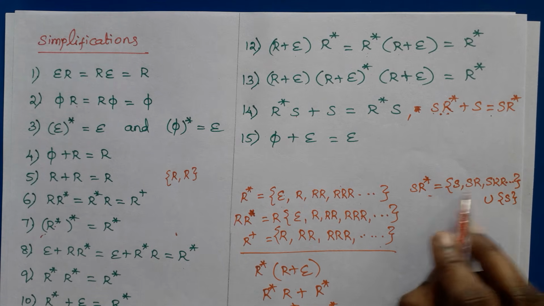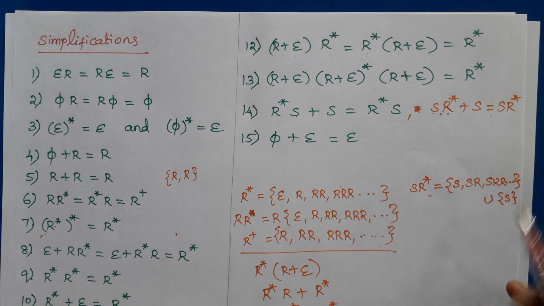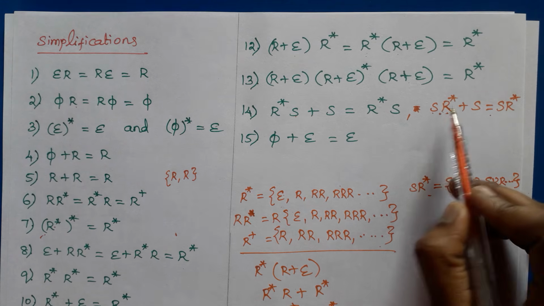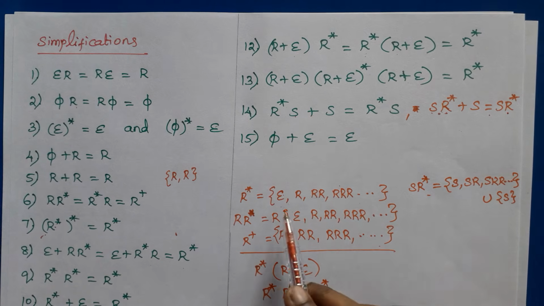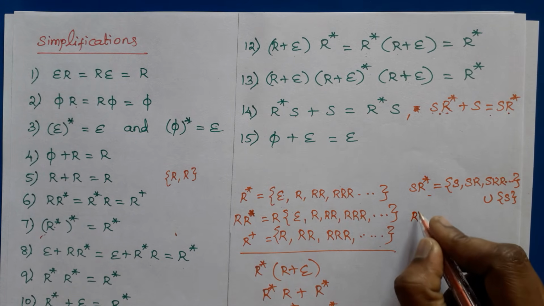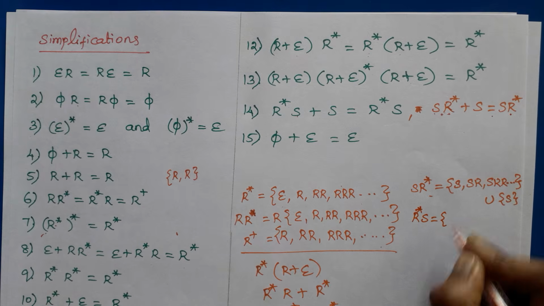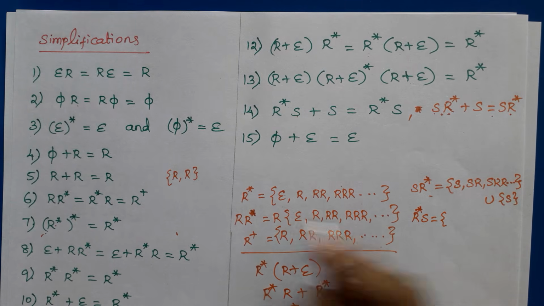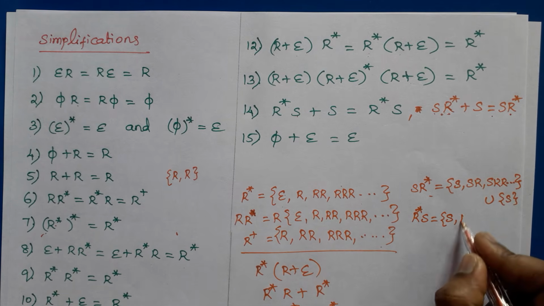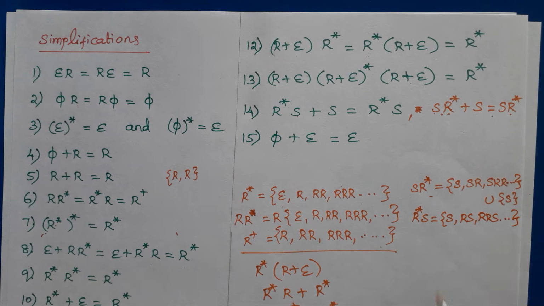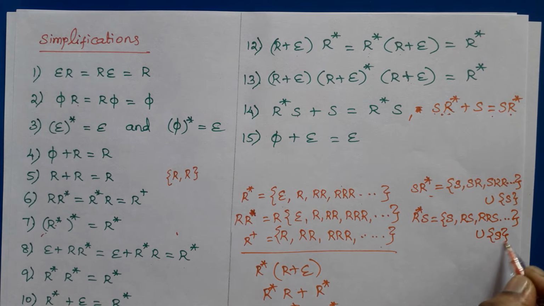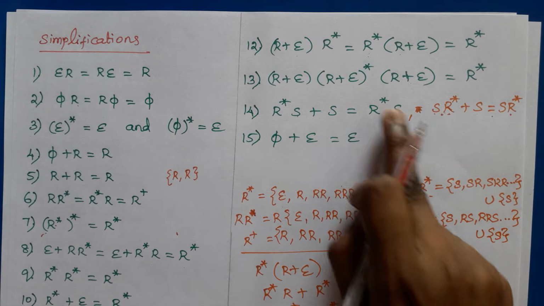This is already included in this. So there is no need to include S again. So S R star plus S is S R star. Similarly, R star S plus S. R star S means S must be concatenated with R star. So S, R S, double R S, etc. Again perform union operation with S, but this S is already included, so R star S is the result.